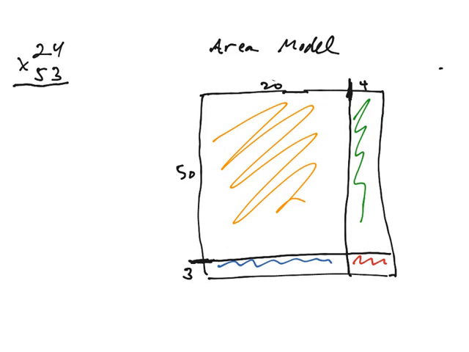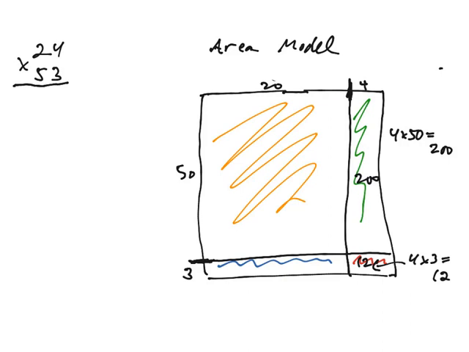Well, the easiest of the rectangles is this red one. It's just 4 times 3. If I know my times tables, I know that little red rectangle is 12. Now, the green one is 4 times 50. But 4 times 50 is kind of like 4 times 5, and then that thing times 10. So since 4 times 5 is 20, 4 times 50 is 200.